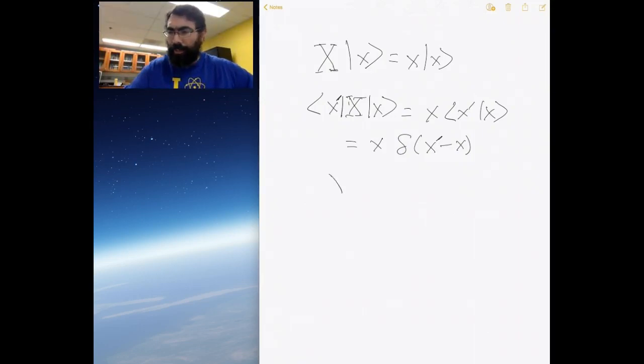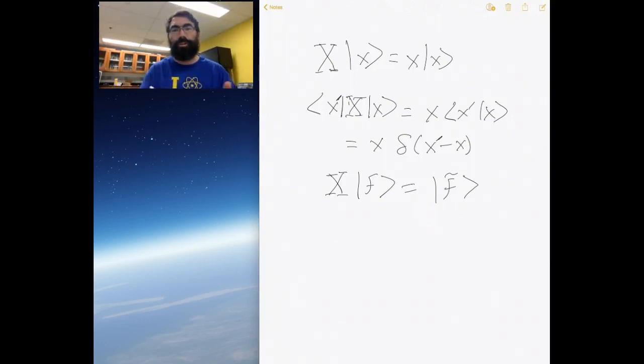Now I could take this position operator X and operate on a function space F and transform it into some new space F tilde. Now I can project that F tilde space onto our position space X, like so, to see what projection I get out of it.